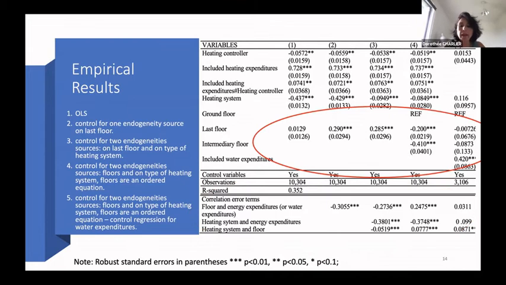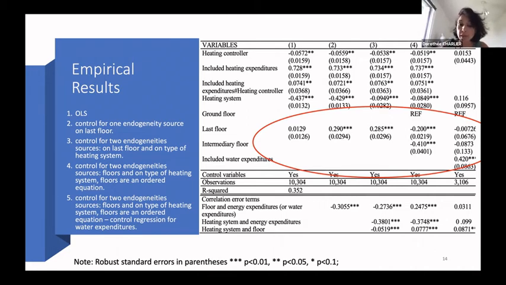Second, when I consider the impact of the choice of the floor on the energy expenditures, if you take a look at the fourth column, the last equation where I control for the two sources of endogeneity, I can note that living on the last floor compared to the ground floor leads to a decrease of 20% in energy expenditures.